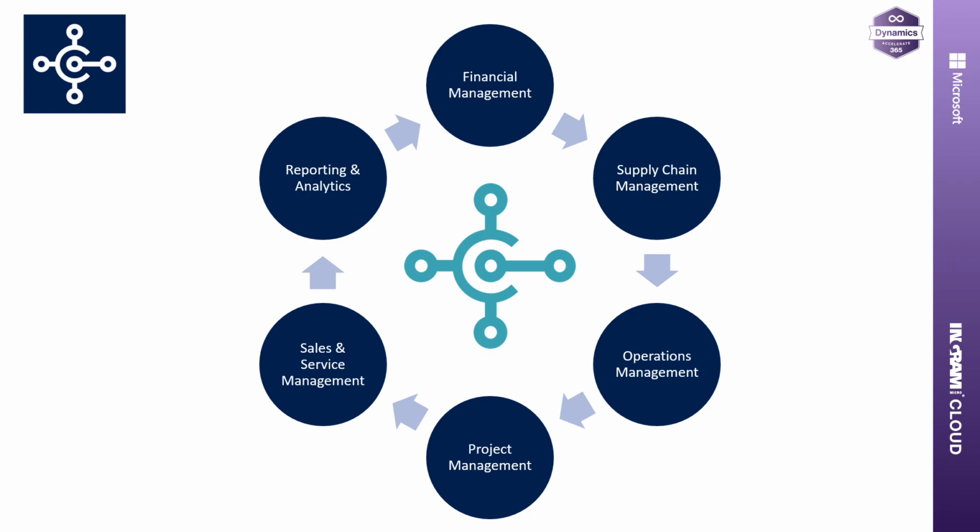Whether you're an organization that could be a single user supplying professional accountancy services through to a high volume manufacturing organization and supply organization, and whether that's a mix of product or professional services, these are standard modules in Business Central that address different lines of business.